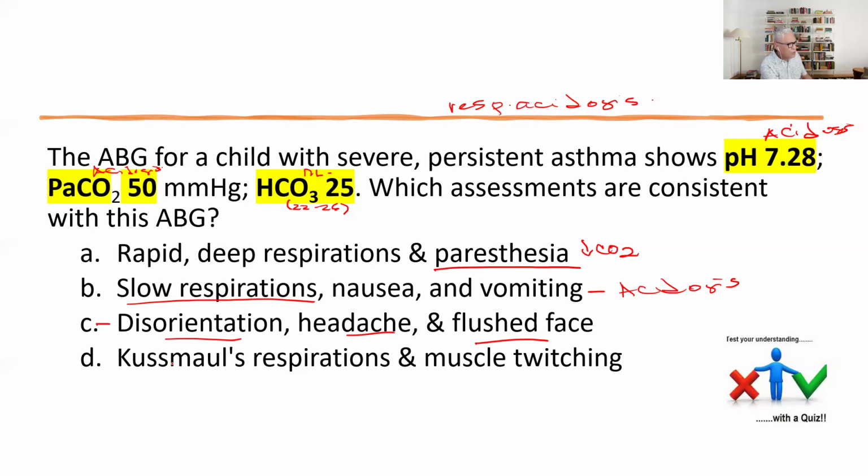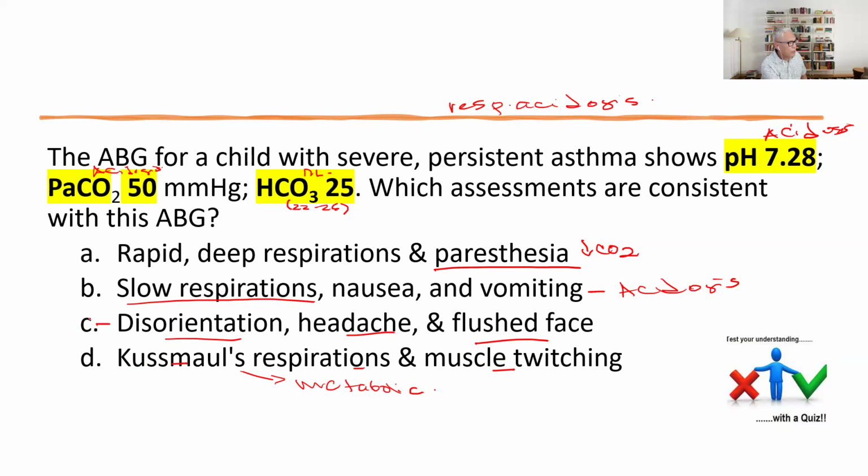And then, of course, Kussmaul's respirations and muscle twitching. Kussmaul's respirations is usually associated, again, with acidosis, but it usually is more associated with metabolic acidosis, not respiratory acidosis.